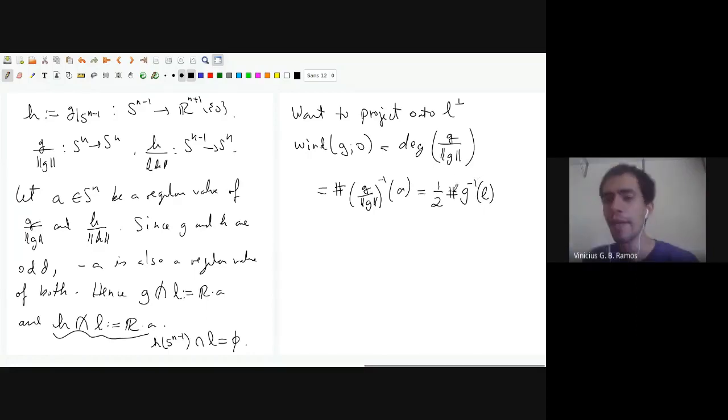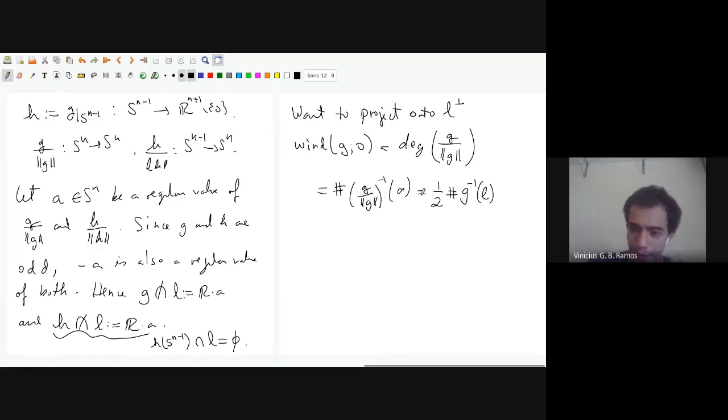So let me say this one more time. The pre-image of L by G is a bunch of multiples of A. All the positive multiples of A correspond to pre-images of A by G over norm of G, and all the negative multiples correspond to pre-images of minus A of the normalized function. But because G is an odd function, you have the same number of pre-images of A and of minus A. That's why you get this 1/2 here. Is that clear?